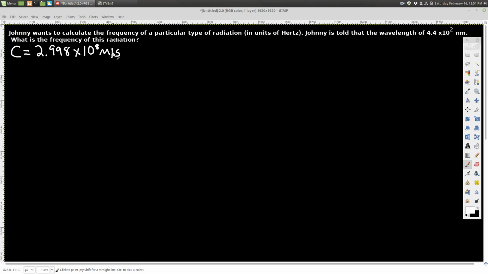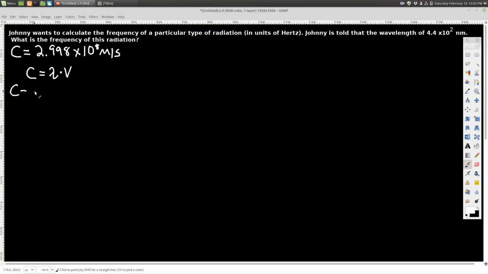In order for us to calculate the frequency, we need the speed of light equation. Let's write that down. The speed of light is C equals lambda times V. Some textbooks will show F for frequency, but let me make sure you understand what these are.